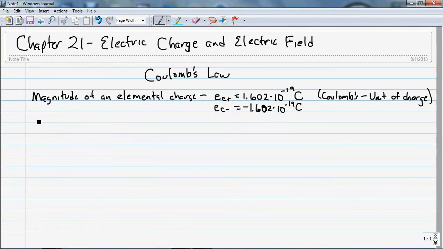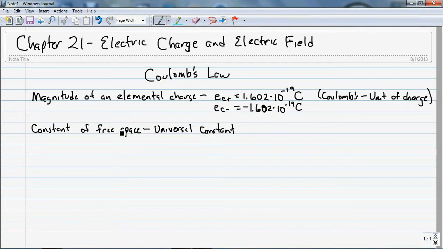Now, there are constants, and one is the constant of free space, and really this is what we would call a universal constant.